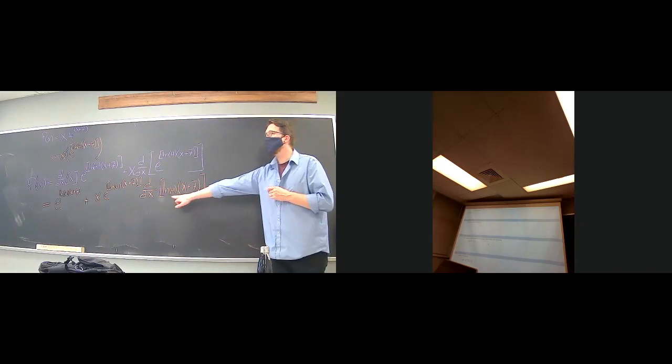So this thing is going to come out to be x times e to the ln of 4 times x plus 7, times the derivative of ln of 4 times x plus 7. Right? What's the derivative of this? Just the ln of 4, right?